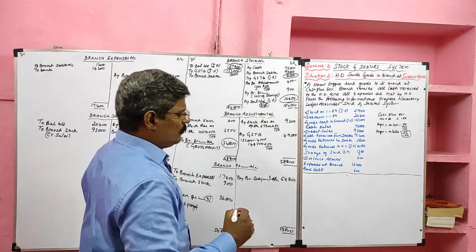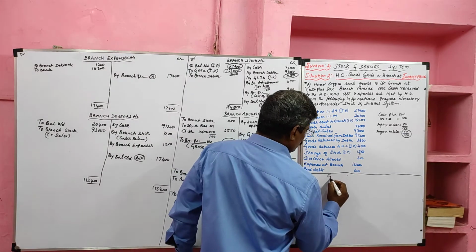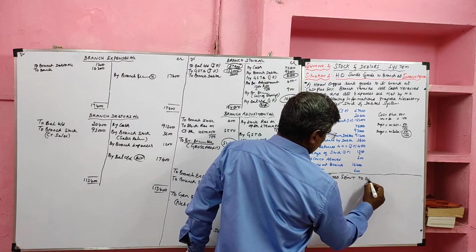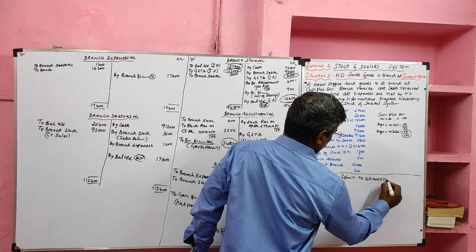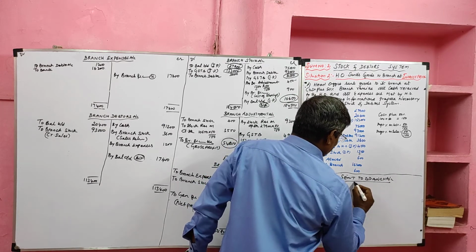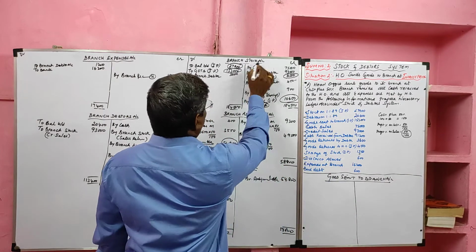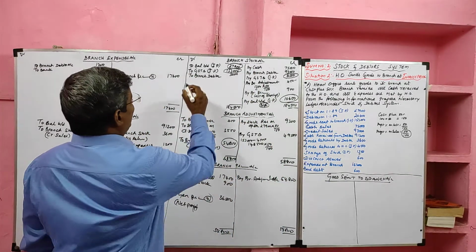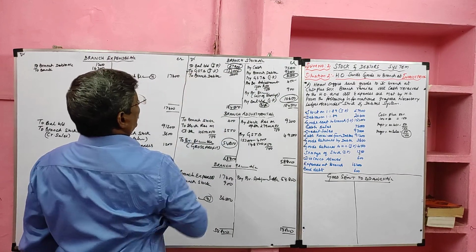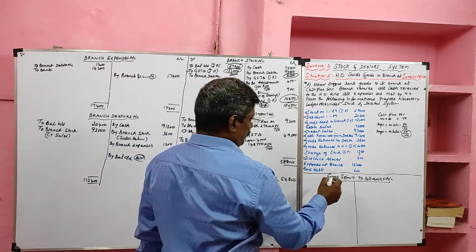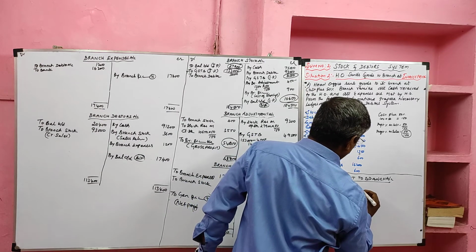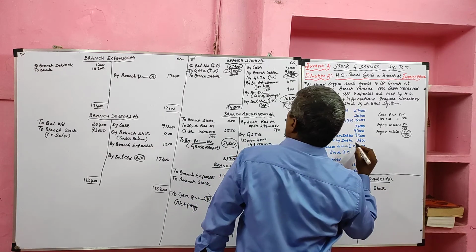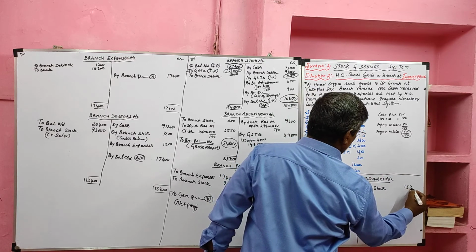Then we have to prepare one more ledger account called goods sent to branch ledger account. Here we have to consider two ledger accounts, namely branch stock account and branch adjustment account. We'll take information relating to the goods sent to branch. In branch stock account, goods sent to branch is debited. So in goods sent to branch, it will be credited as by branch stock account, value 1,53,000.